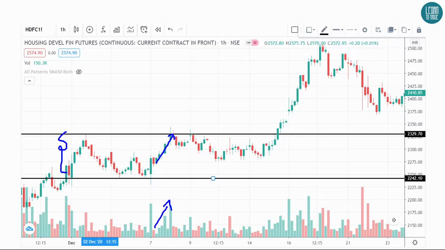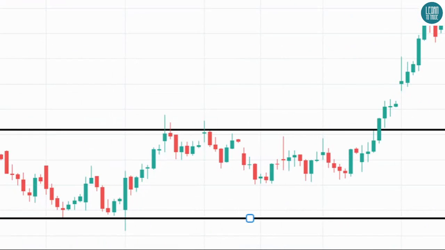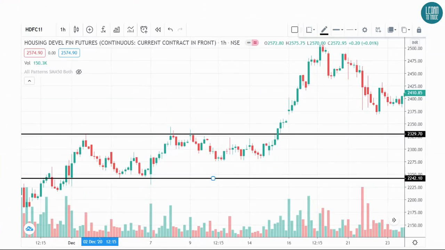Price increases, volume increases, but just as in the first attempt where sellers came in, again sellers are coming in. How to identify it? Very simple. Look at this candle which is getting developed here. The wick is getting formed from the higher levels. That is, again the same pressure is coming from the sellers.